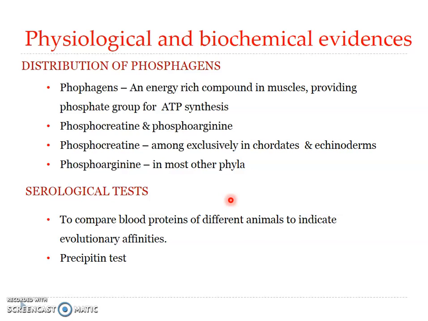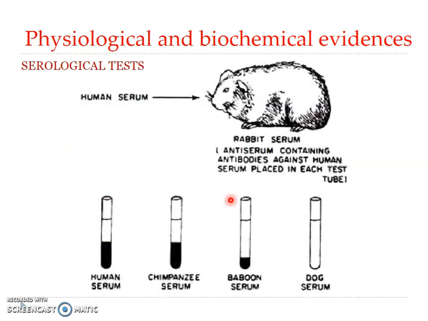Phylogenetically similar species have similar blood proteins. So closeness on this basis can be demonstrated by serological tests. This is one of the experiments. If a foreign protein material is introduced into the body of a vertebrate, the recipient produces specific antibodies to the foreign protein material.